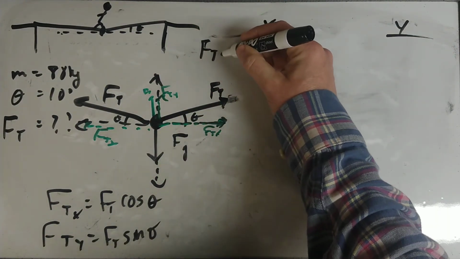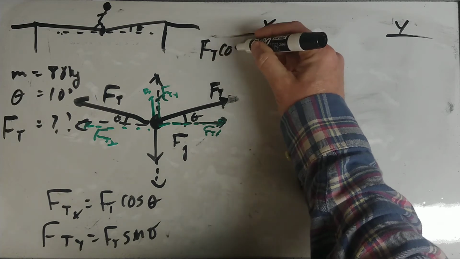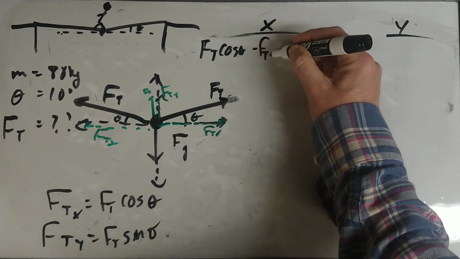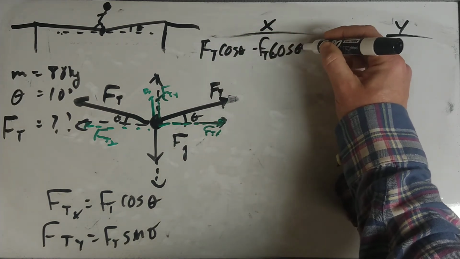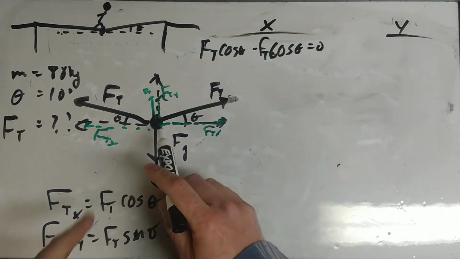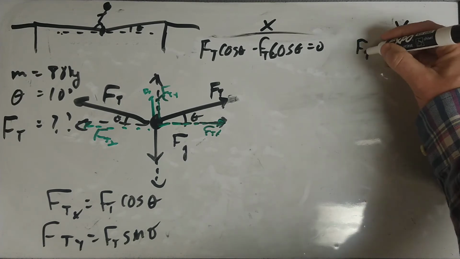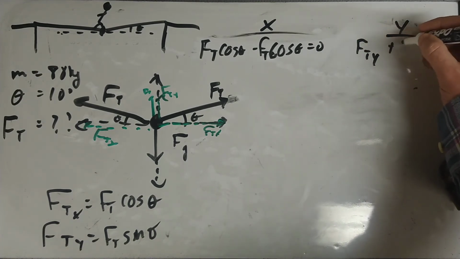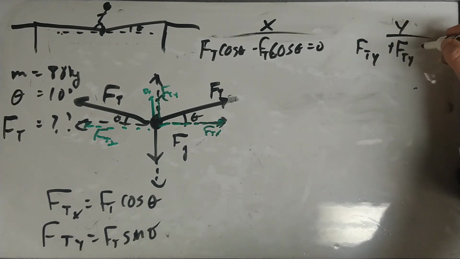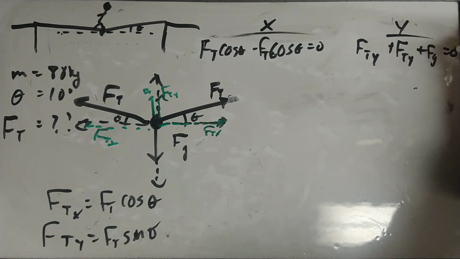The sum of the x forces equals 0. So in the y direction, what we have is FTy plus FTy plus Fg equals 0.